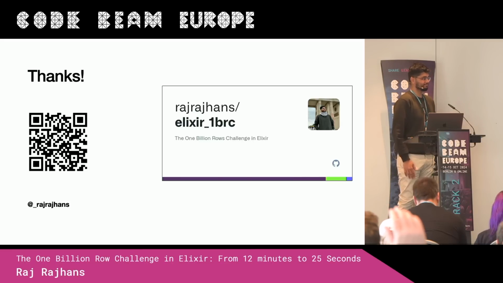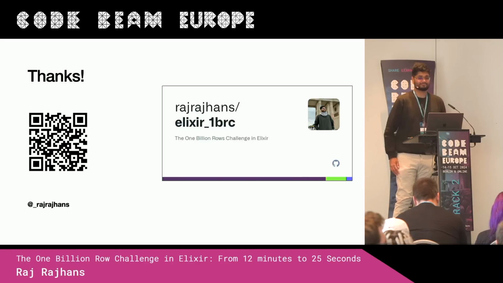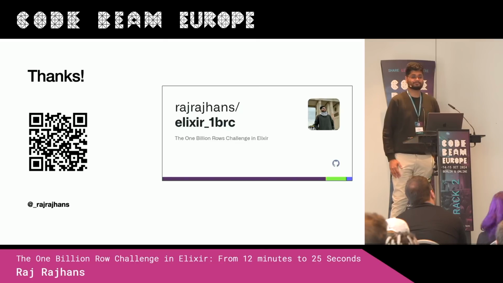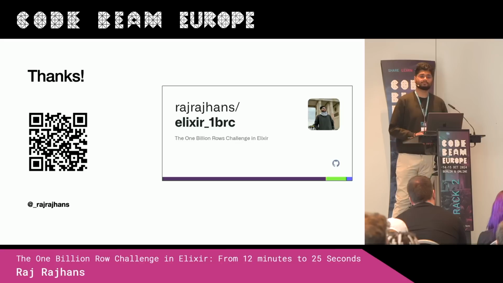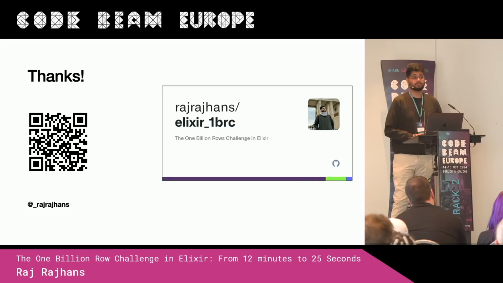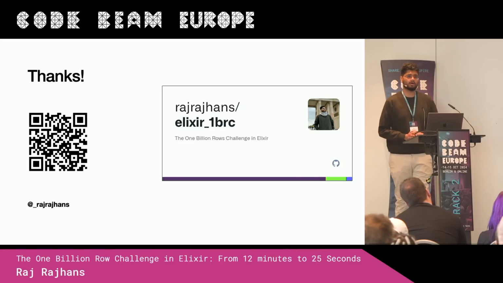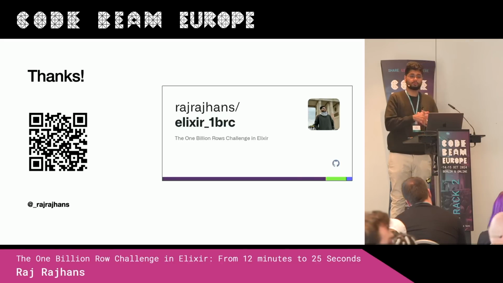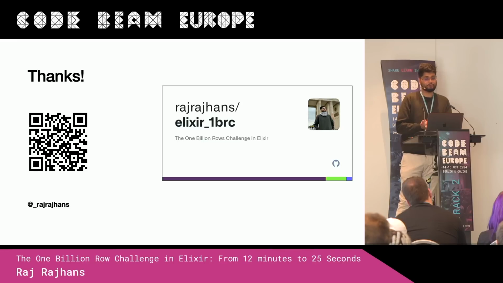Any more questions? Yes. Did you consider doing a process per city? A process per city. Oh, that's an interesting idea. I did not do that because you don't know how many cities there are going to be in your data.